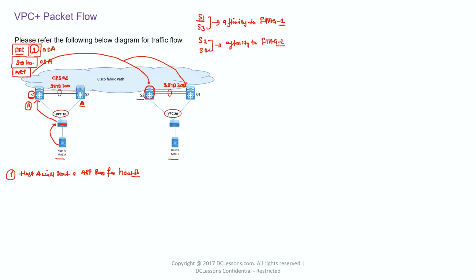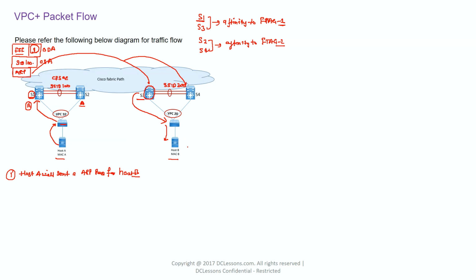Now once S3 receives this packet, it will decapsulate it and send it to the access switch, and from the access switch the packet reaches host B. So host B will be able to learn the host A MAC address.